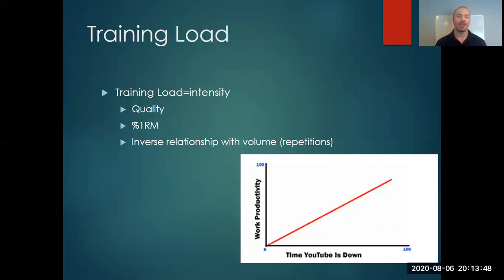We'll also be looking at the percentage in relation to a 1 rep max. And remember that there's an inverse relationship with volume or repetitions. So just like our work productivity goes up the longer that YouTube is down, as the load rises, the volume tends to fall.